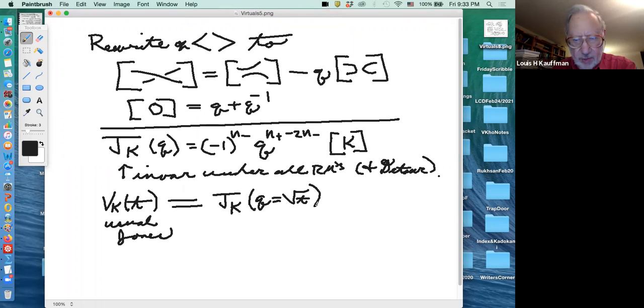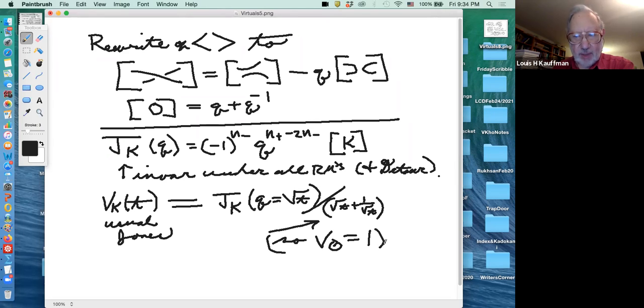However, the usual Jones is normalized so that the value on a circle, one component, is equal to 1.